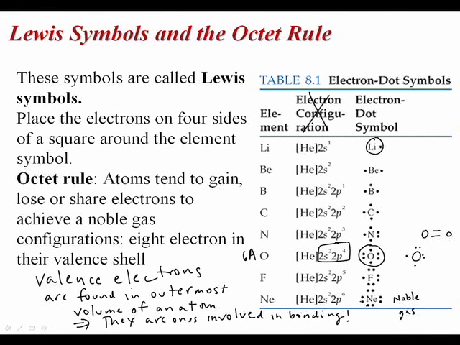This is a very stable configuration. And you'll remember that noble gases don't bond with anybody. So this also shows why that is. Now we can assume that an atom is stable when surrounded by 8 electrons, 4 electron pairs.